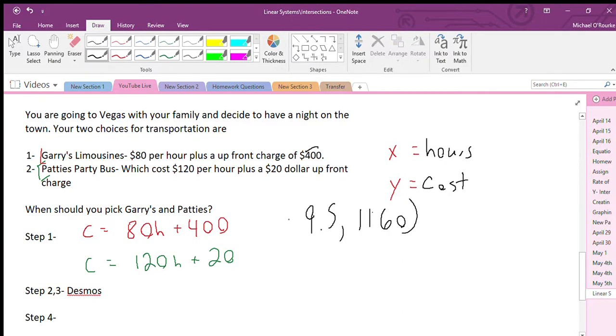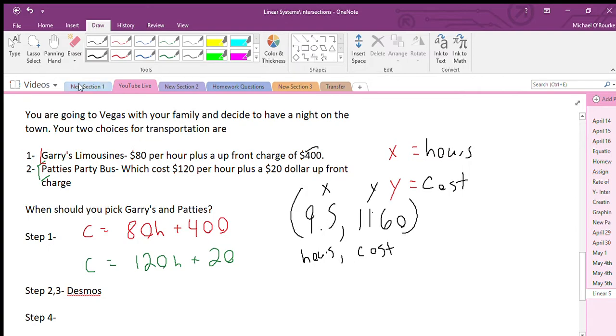So we have to remember this is xy, so it is hours, comma, cost. So that means at 9.5 hours, they both cost the same for $1,160.